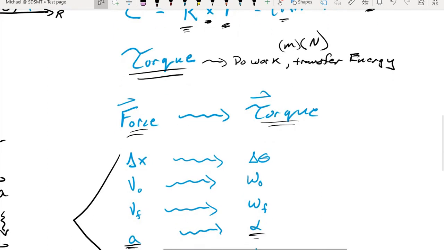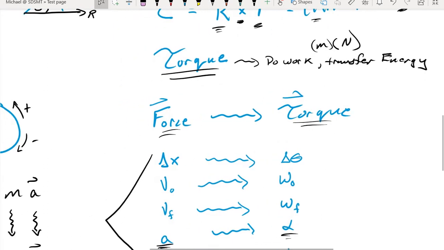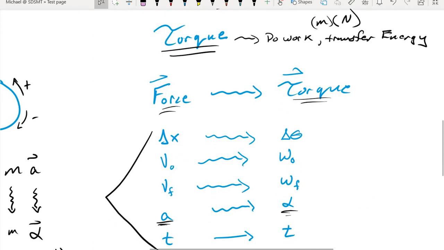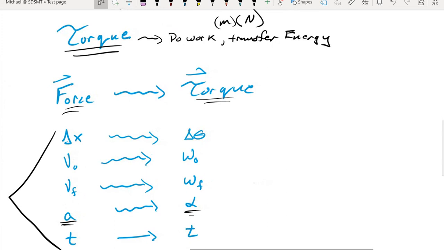And this is why if you've ever known anyone that works on cars, torque is usually a term that comes up a lot, because the better the torque, the better the speed of the vehicle.